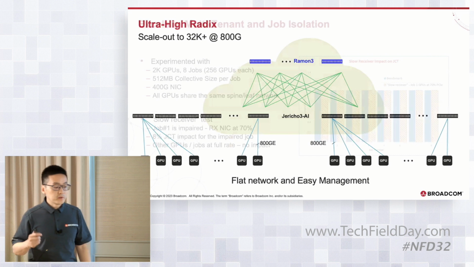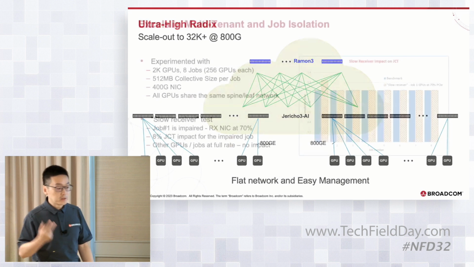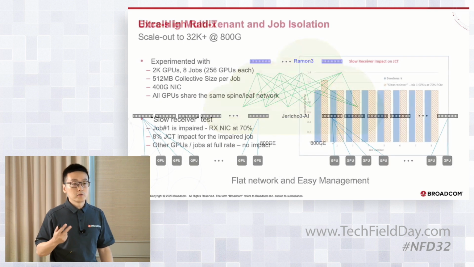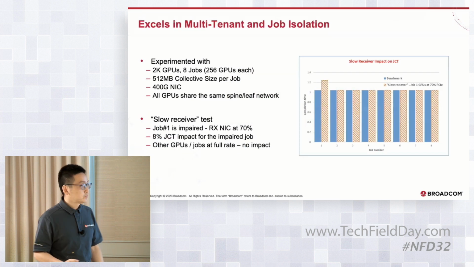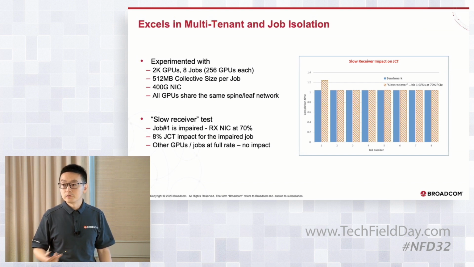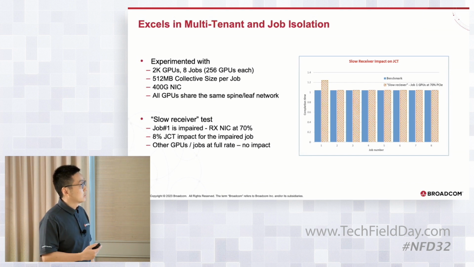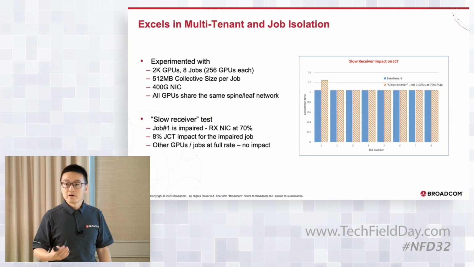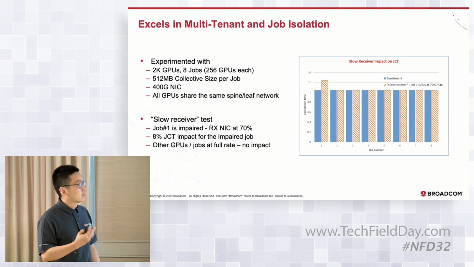Okay, so multi-tenancy and job completion time, job isolation have become essential in the AI cloud. Multi-tenancy allows customers to share the same infrastructure, and job isolation enhances the fault tolerance of the AI cluster. So what is the behavior of this architecture?